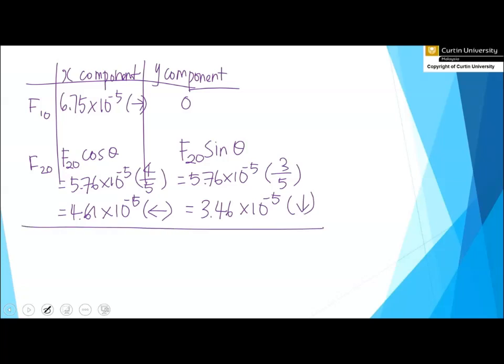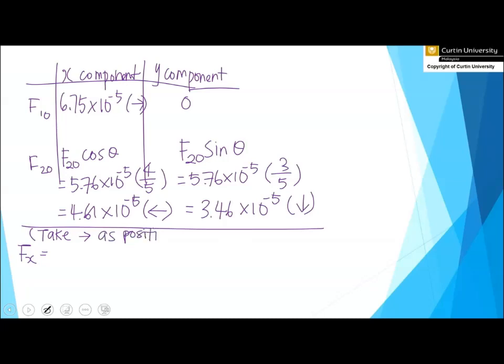Alright, so now we have to combine the total X and Y components, right? In vectors, we have to take one direction as positive and the other direction as negative. So let's say we take going to the right as positive.